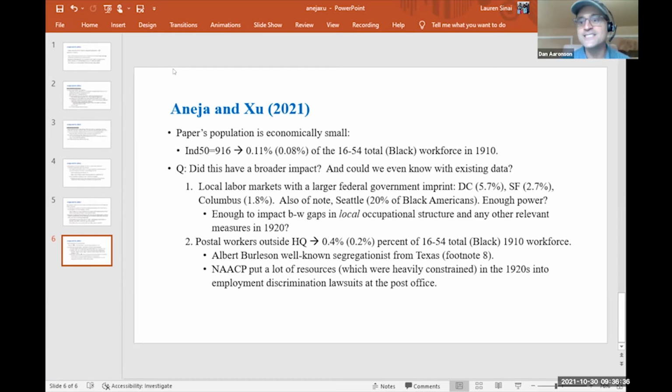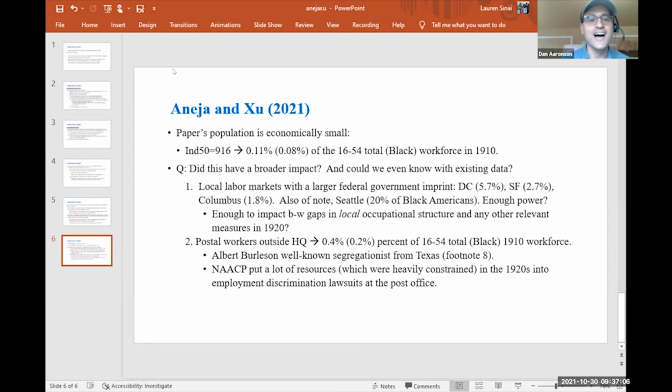Obviously that's DC, but there are also other cities that have a lot of federal government employees: San Francisco, Columbus, Ohio. Seattle doesn't have a huge federal government workforce, but a lot of Black Americans living in Seattle were working for the federal government there. I'd like to know whether this actually affected the occupational structure of the local labor market, given that this potentially had a big impact on the federal government in these areas.